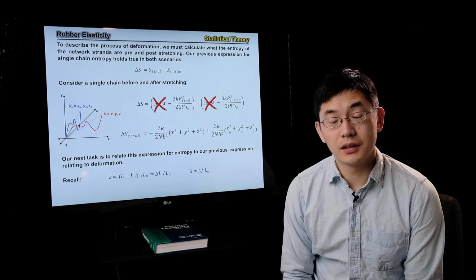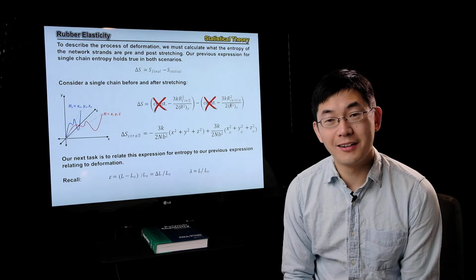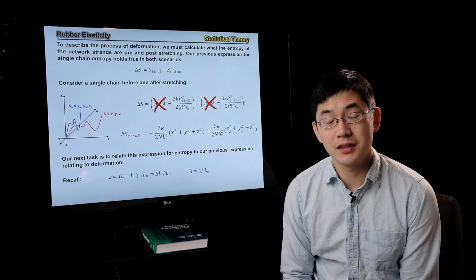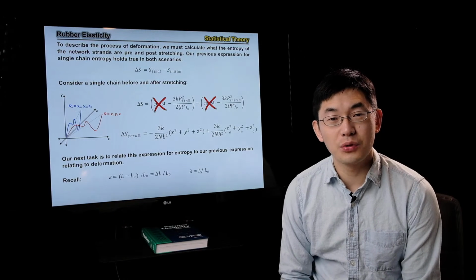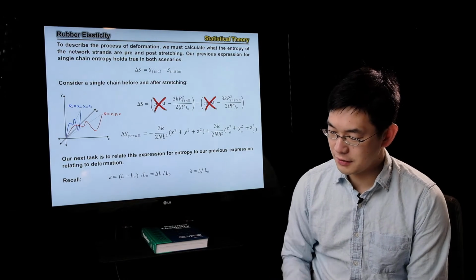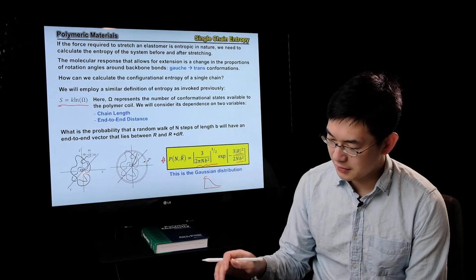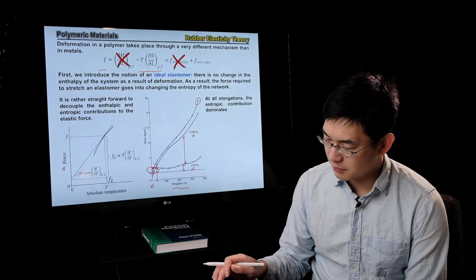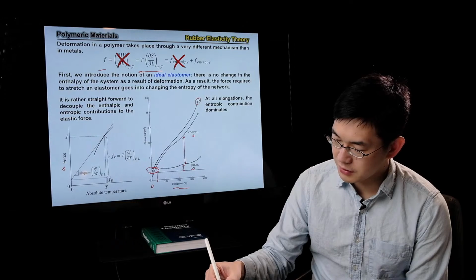now we know what is entropy for a single chain. So now to get the rubber elasticity theory, I'm gonna copy the equation here one more time.